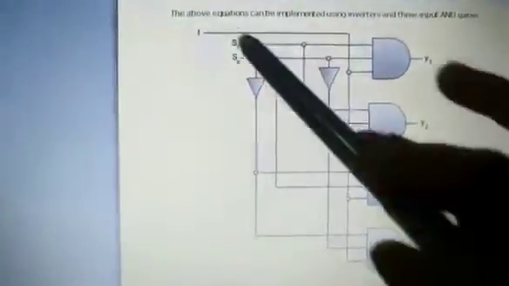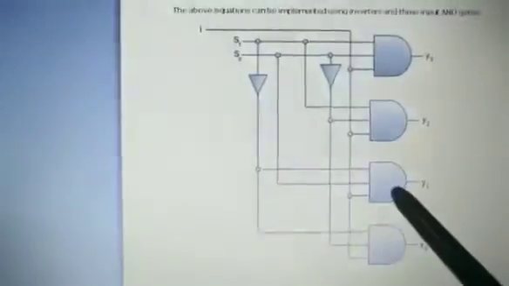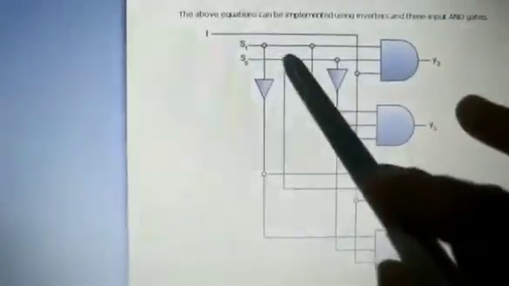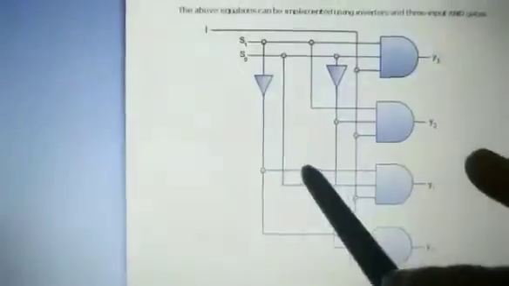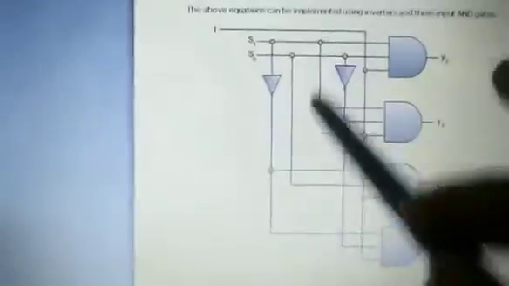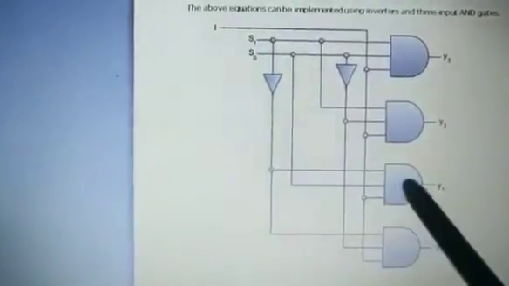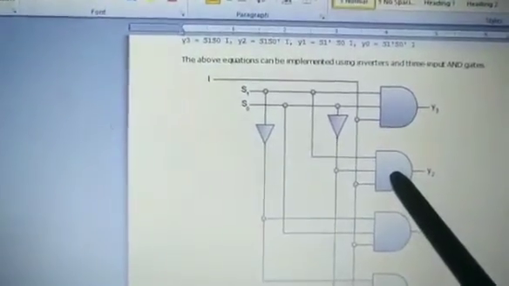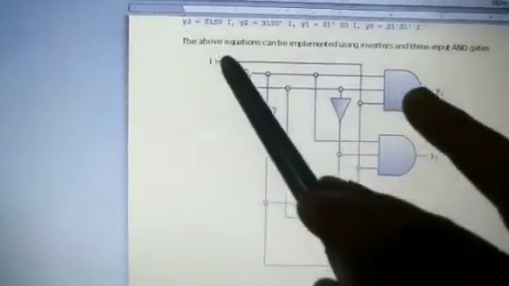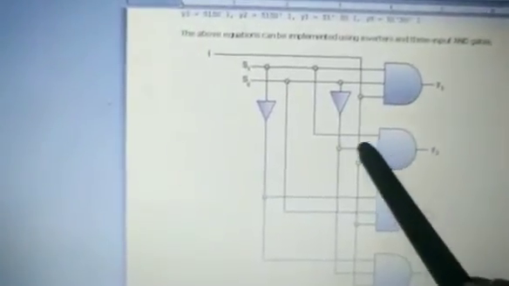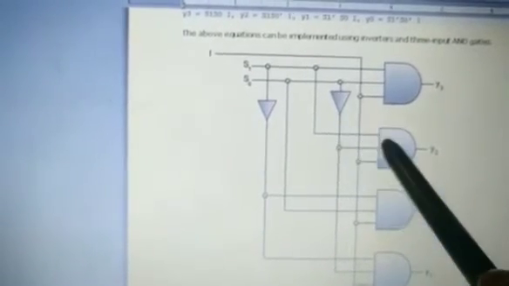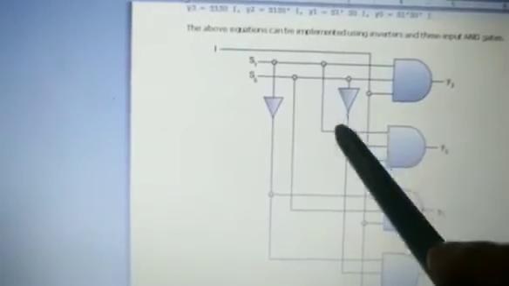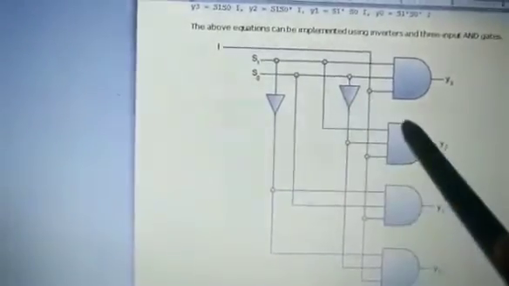For Y1 we have I as a fixed input, and the next two are S0 normally and S1 as a bar value. For Y2, I is a normal one, S1 we take normally, and S0 we take as the bar value. For Y3, I is passed through the input, and S1 and S0 normally.